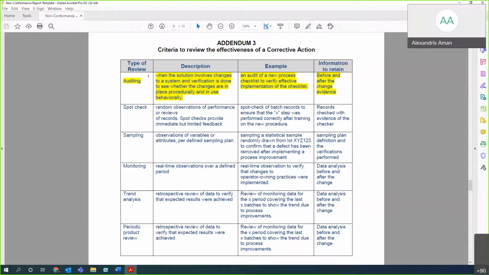We created this form for how to review the effectiveness of corrective actions. It's mostly applied to products, but it can apply to other corrective actions. Just sharing, because I heard some people talking about sampling.